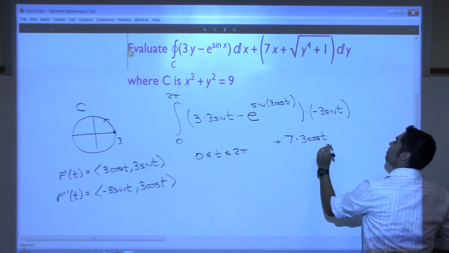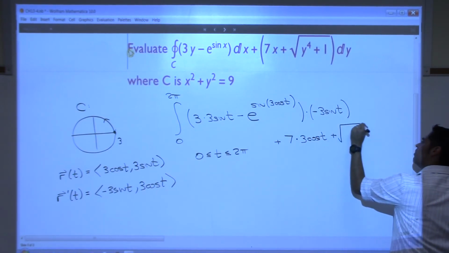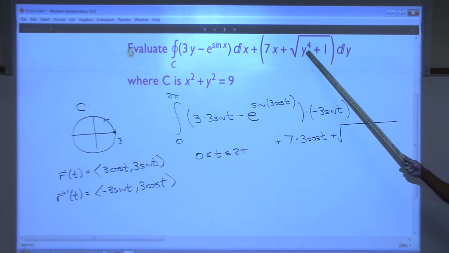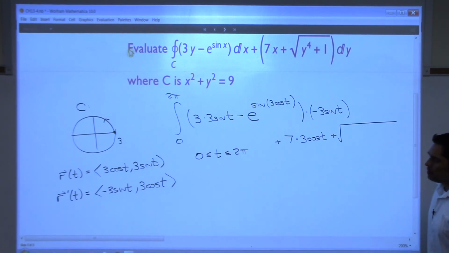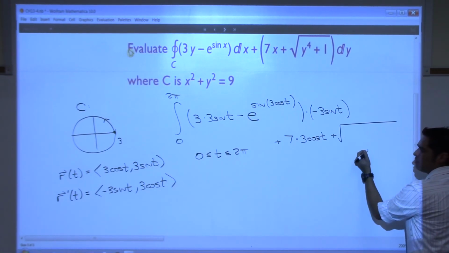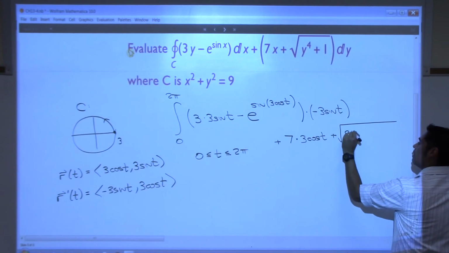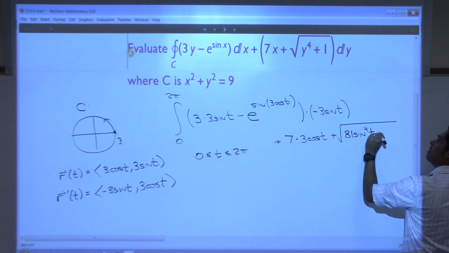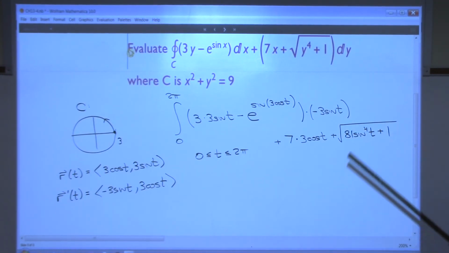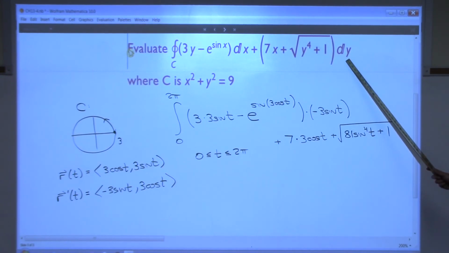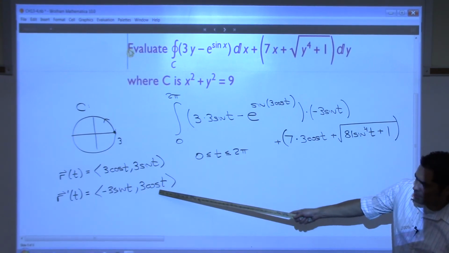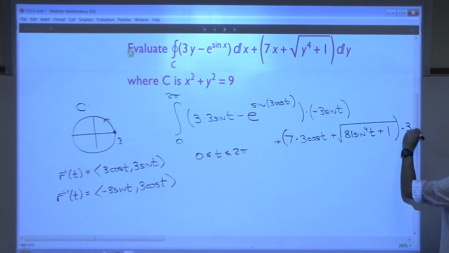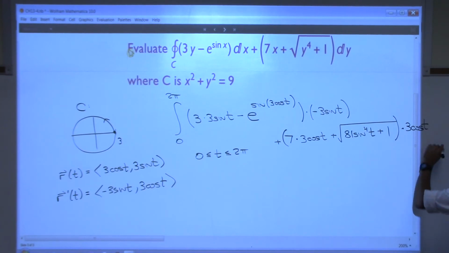That ain't so bad. Plus, square root of y to the fourth plus 1. Y to the fourth? So 3 sine t to the fourth. What's 3 to the fourth? 81 sine to the fourth t plus 1. And then at the very end of that, the derivative of y, which is this one, 3 cosine t, all of that dt.